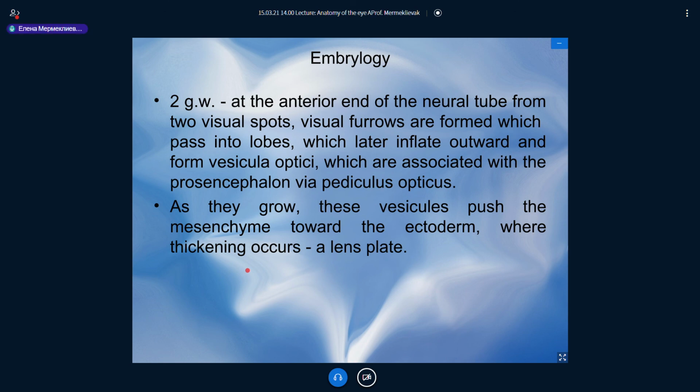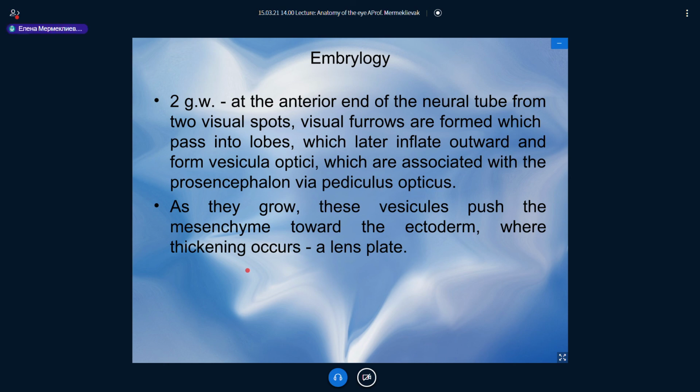In the second gestation week, the formation of the eye structures starts. At the anterior end of the neural tube, from 2 visual spots, visual furrows are formed, which pass into lobes, which later inflate outward and form the vesicula optici, which are associated with the prosencephalon via the pedunculus opticus.